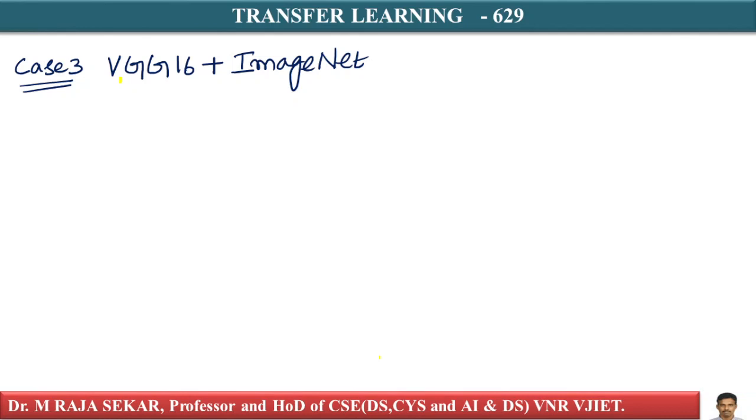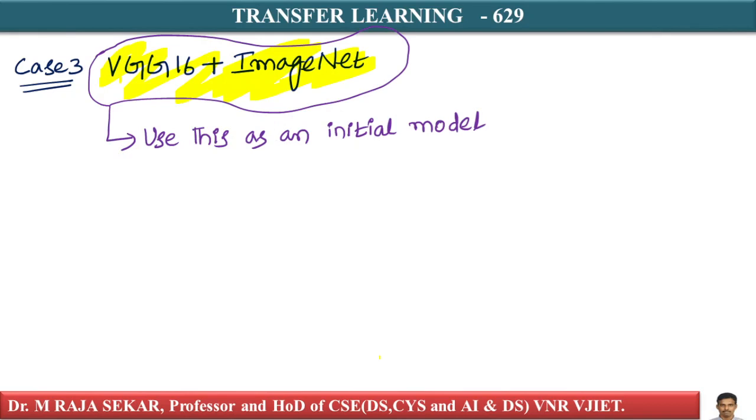There is a third case that you can do. Instead of retraining just the last few layers, you have the model with VGG16 plus ImageNet. You can use this as an initial model. You can change the whole model.